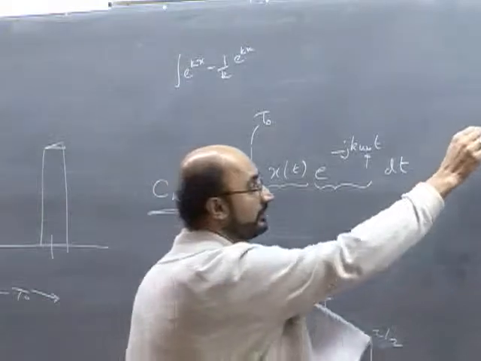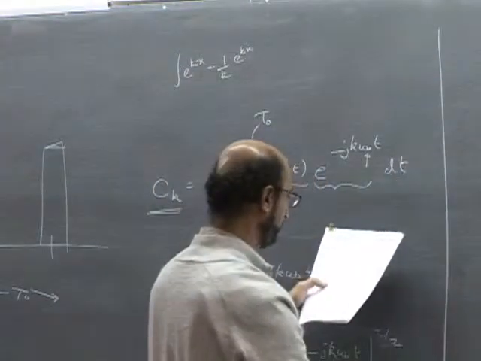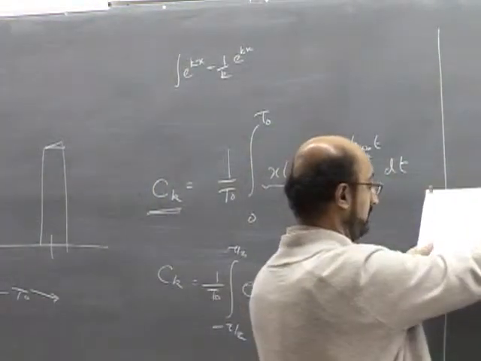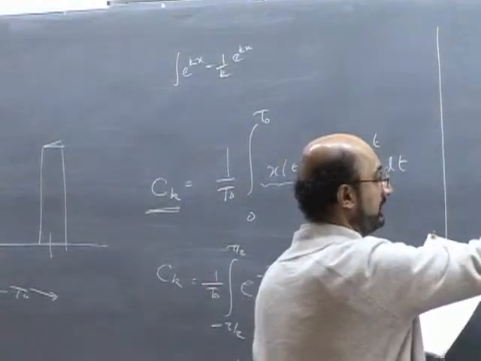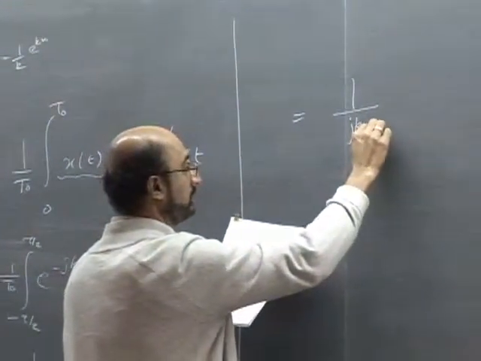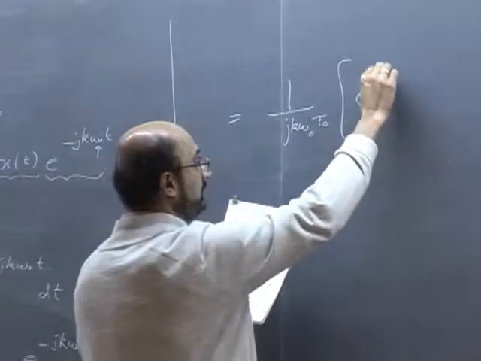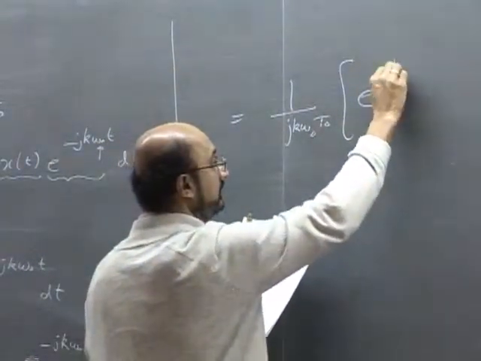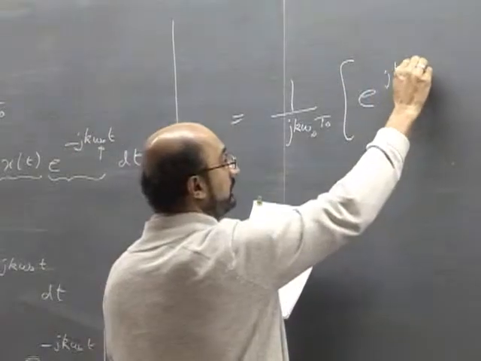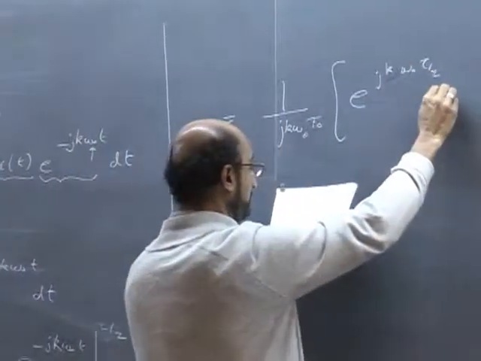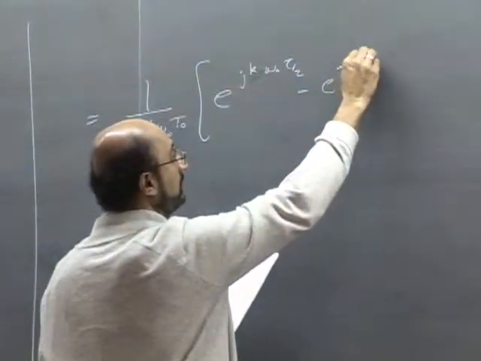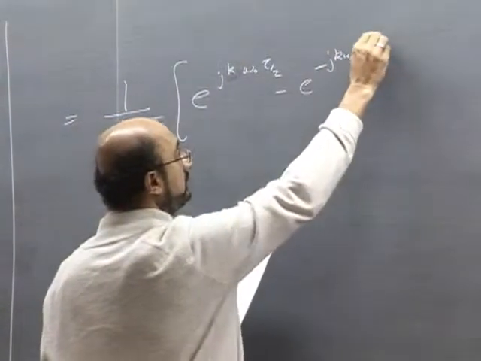And this one we get as being 1 over j k omega naught t naught, e to the j k omega naught tau by 2 minus e to the minus j k omega naught tau by 2.